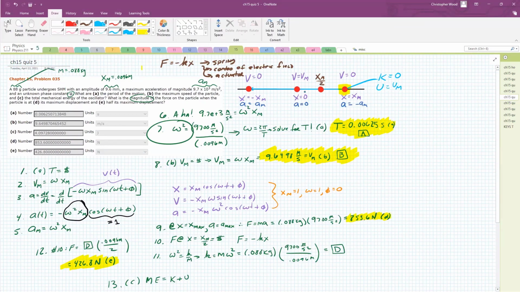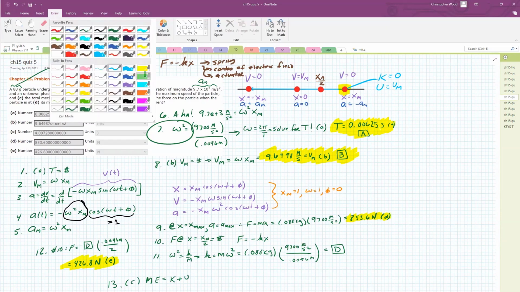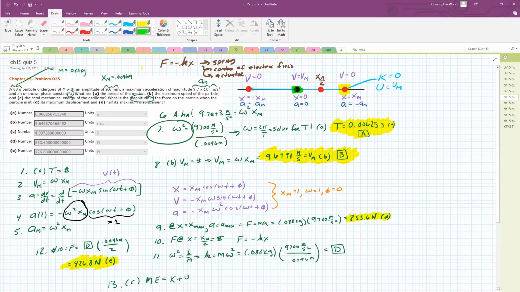If I look at my red bead at the halfway point, it's the flip side of that. At this midway point, kinetic energy is the maximum value, and the elastic potential energy equals 0.